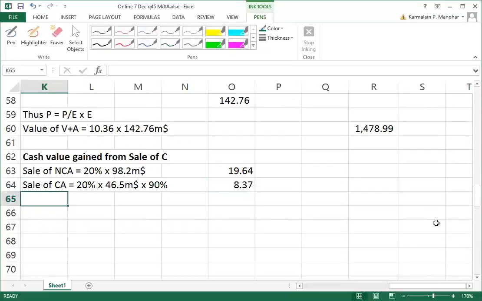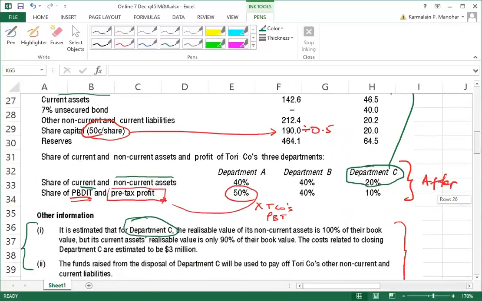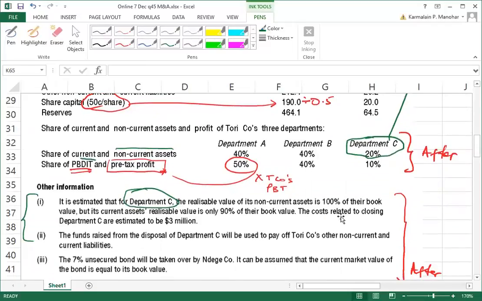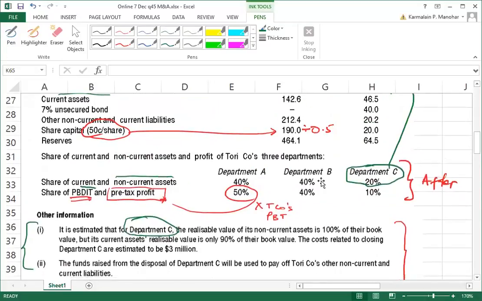And what else do we get in? So back to the notes. If that's what we're getting from selling it, the costs related to closing we have to put in, and then note 2 is telling us we have to pay off other non-current assets. So we have to minus the 3, definitely, and then other non-current assets and current liabilities.